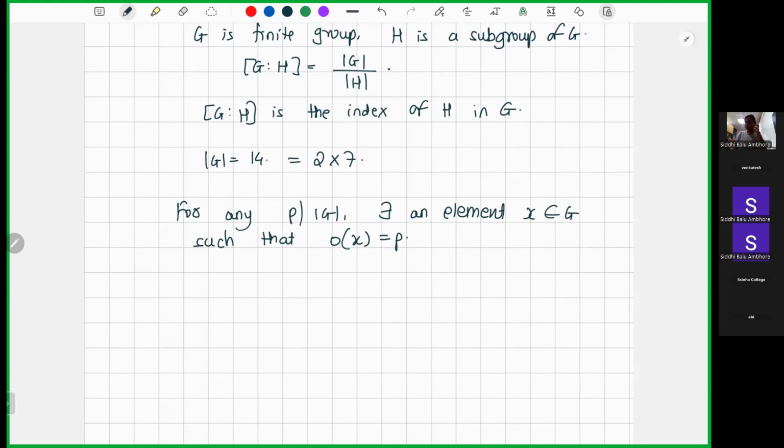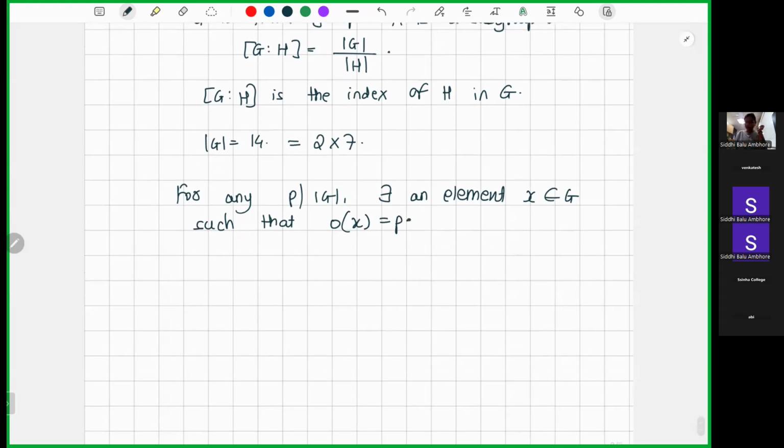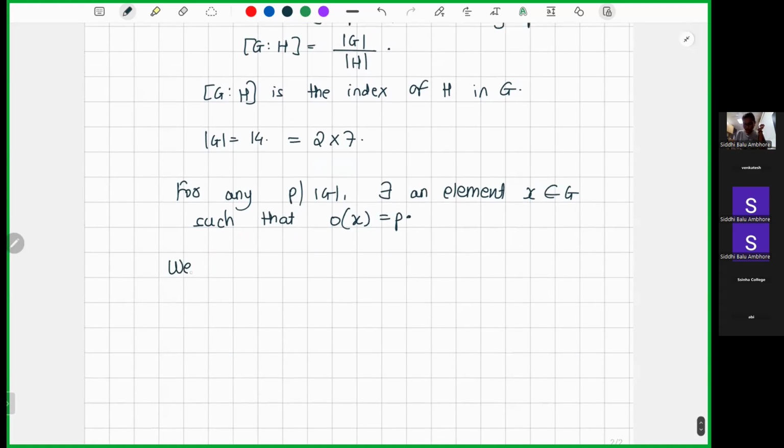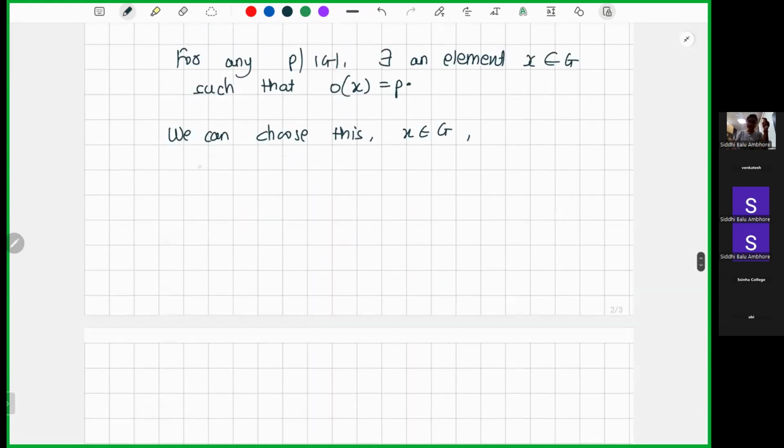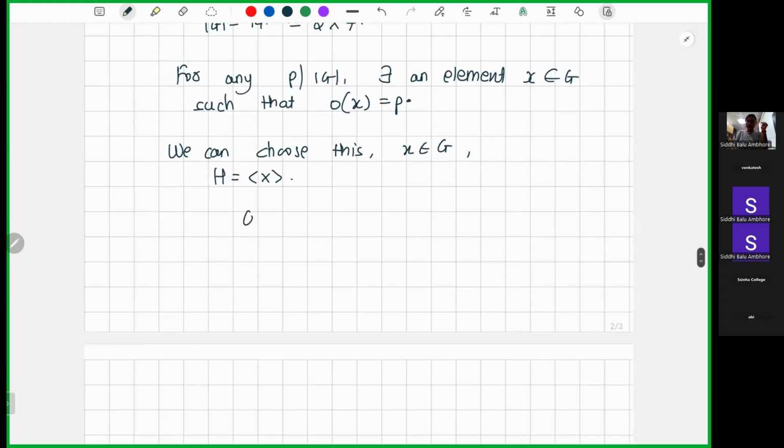This is what we have with us. So we can choose this x in G, and we will take H to be the subgroup generated by that x.